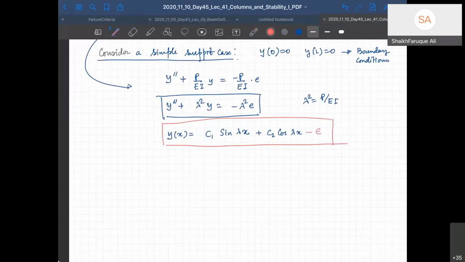Whether you consider minus or plus doesn't matter, because C1 and C2 will come accordingly.